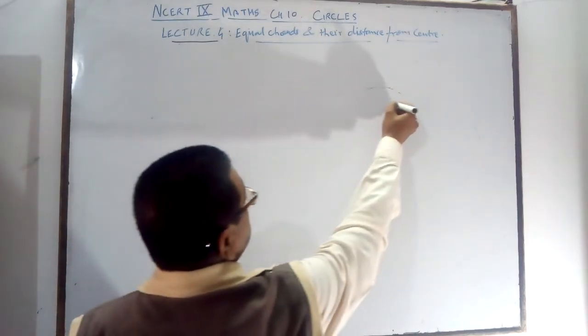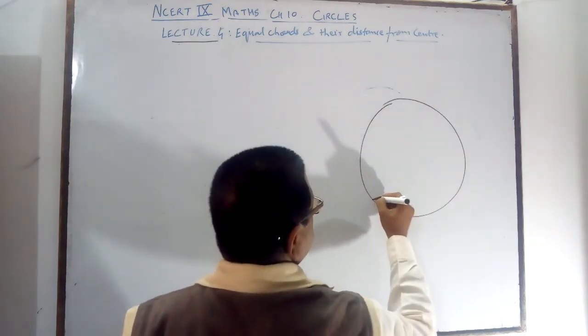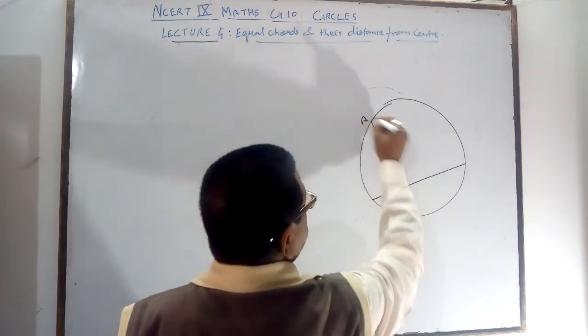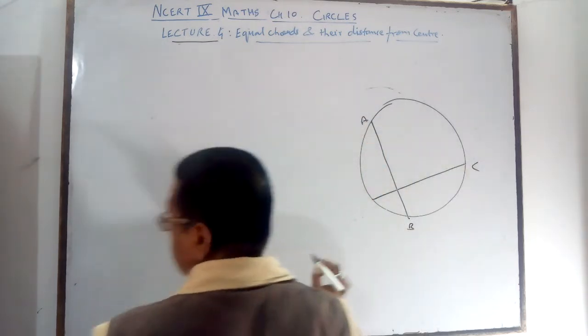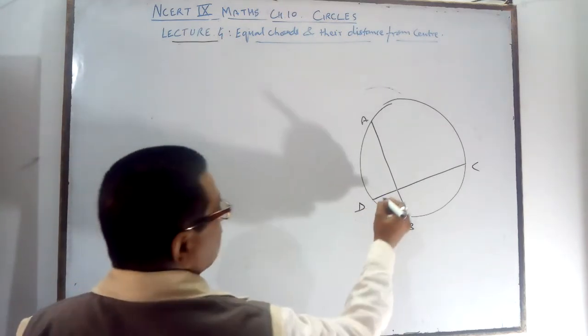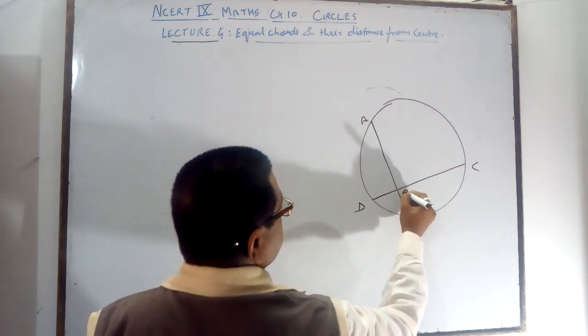Here it is given, example number 2 of this chapter. Two intersecting chords are AB and CD, and the intersecting point is P.